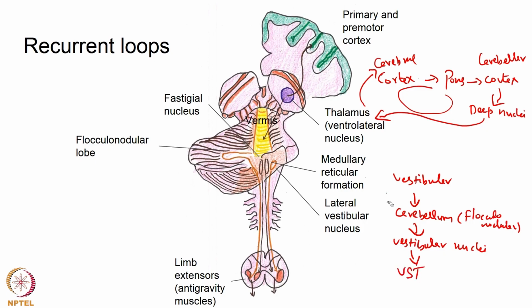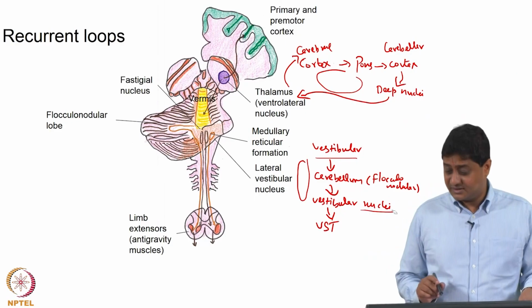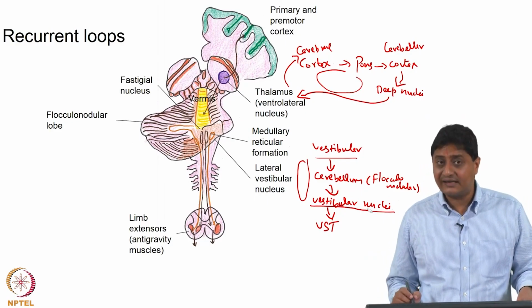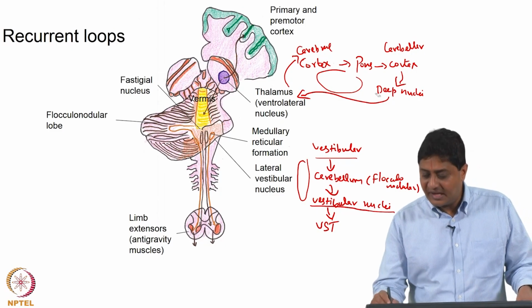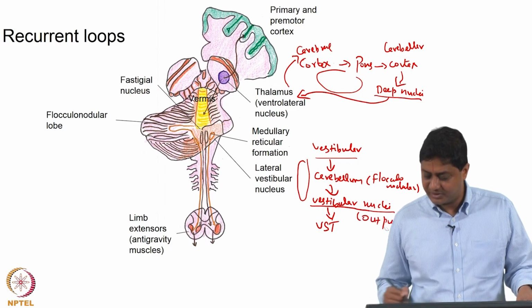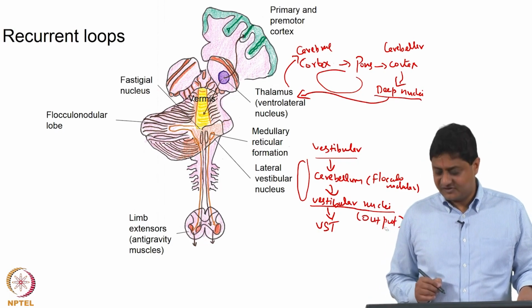So, here once again you have a recurrent loop that starts from the vestibular system to the vestibular nuclei. It turns out that the vestibular nuclei are special in the sense that they act like deep nuclei of the cerebellum. Vestibular nuclei are also among the major output structures of the cerebellum.